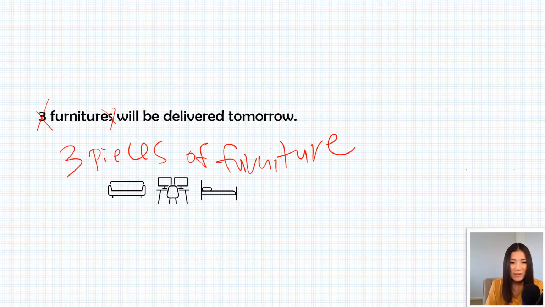So if you want to specify how many of the non-count nouns you're talking about, you're not allowed to just say 3 furnitures, 2 advices, 4 homeworks. We're going to find other nouns in between. So here I'm going to say 3 pieces of furniture will be delivered tomorrow. The word furniture will remain a non-count and in its singular form.